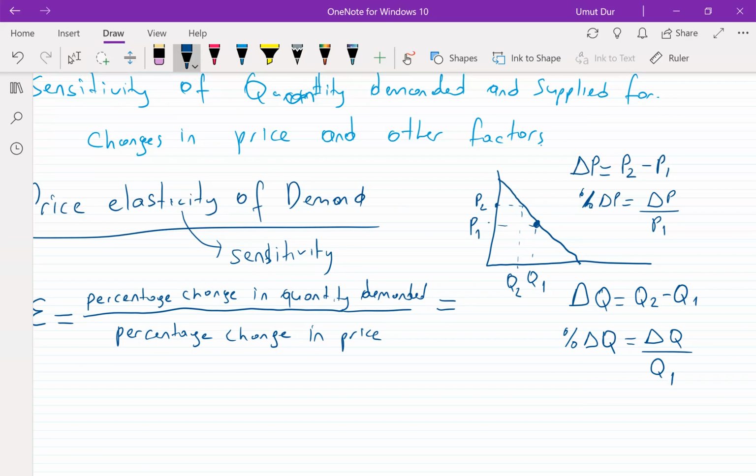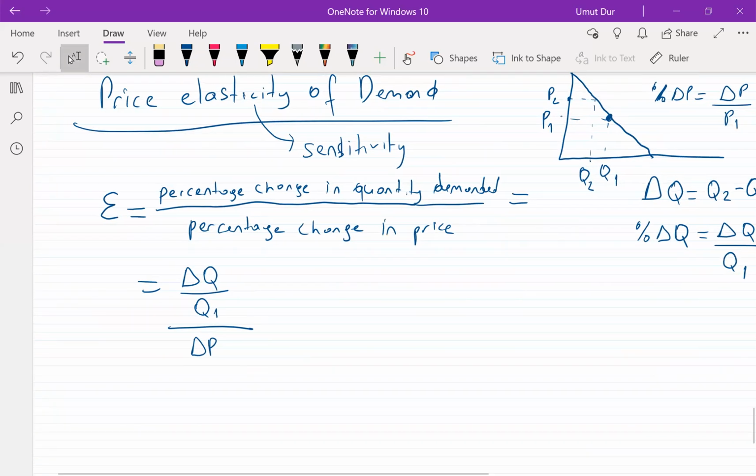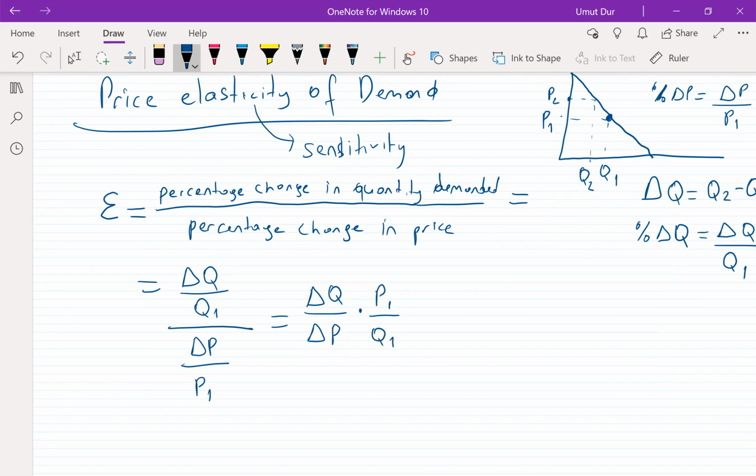Okay. So if we continue with this formulation, what we have here is delta Q over Q1 divided by delta P over P1. If I do the math here, it is delta Q over delta P times P1 over Q1.